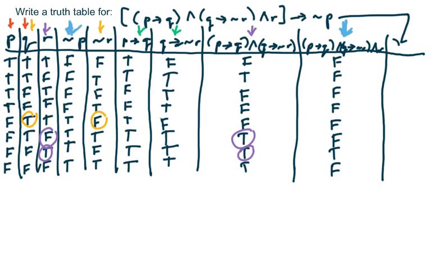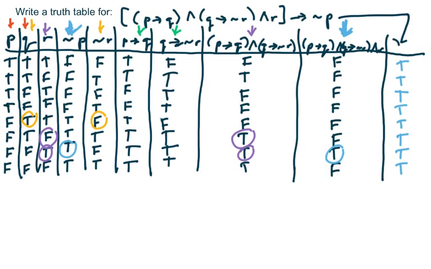A true followed by a false will give a false. Let's see if we have that anywhere. So we have a false followed by a false. That would be a true. A false followed by false is still a true. Actually, if the first statement in the conditional statement is false, you know you're going to have a true. Doesn't matter. So this is a true, this is a true, this is a true, this is a true. Let's look at this one very carefully. We would have a true followed by a true. That's a true. And finally, a false followed by a true is a true.